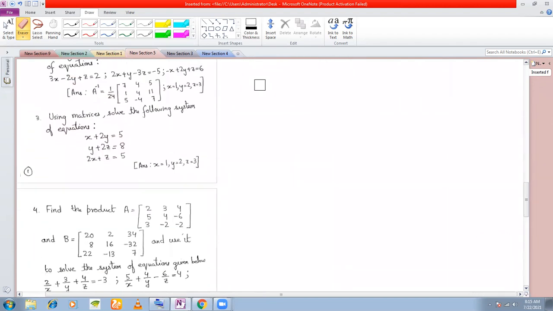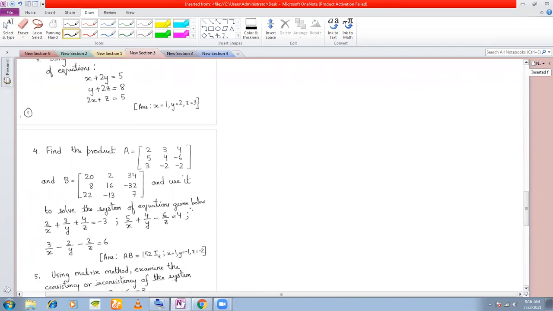Okay. Question here is find the product A and B. That is, find the product of A and B. That is, you have to find out AB or BA. Anyway, whether you find out AB or BA also, no problem. And next is use it to solve the system of equations.